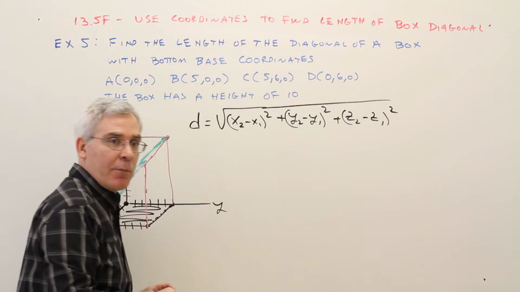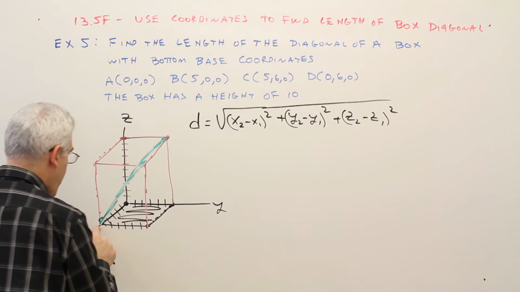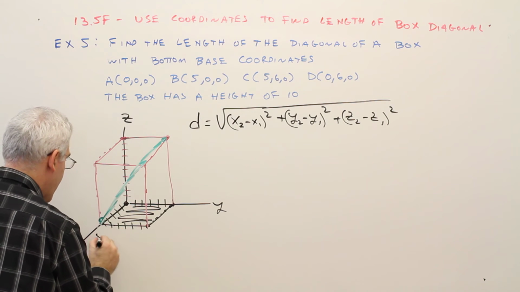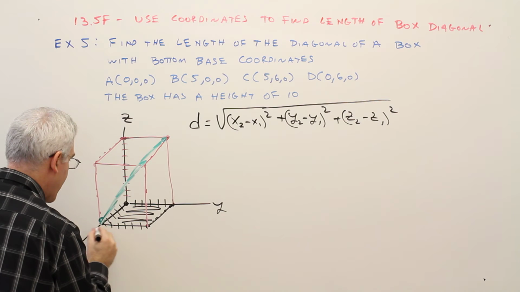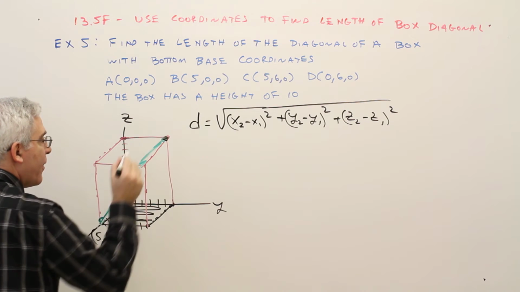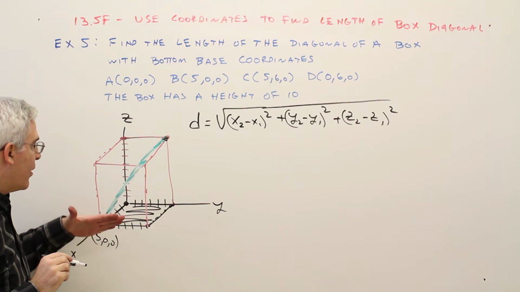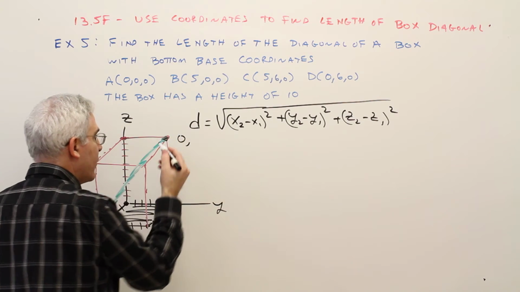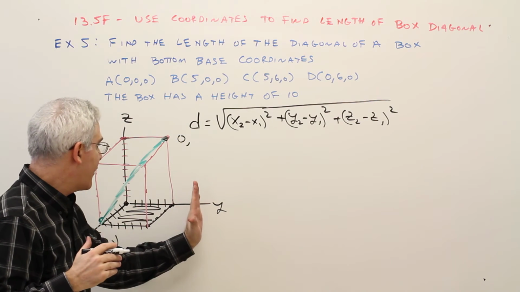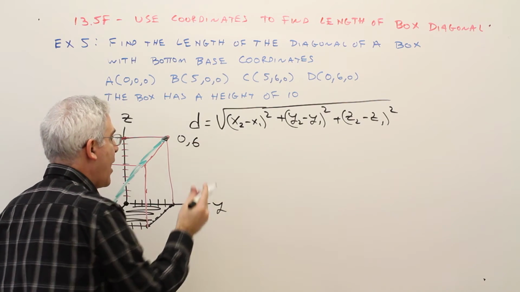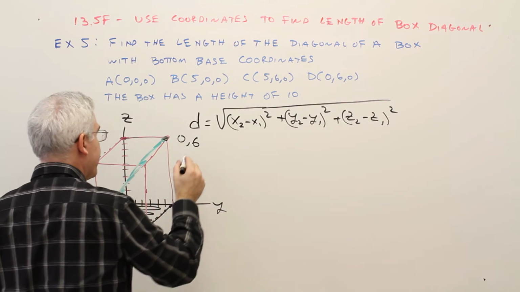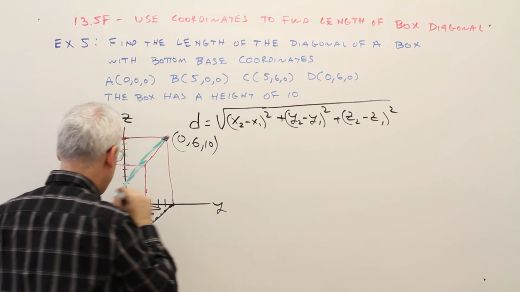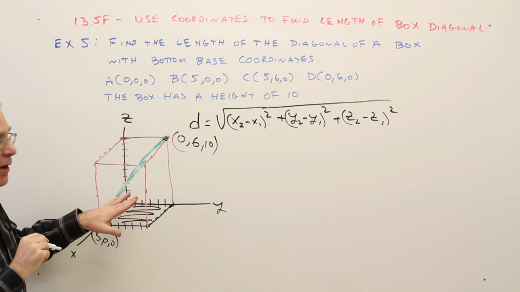So what I need are some coordinates. This coordinate over here was 5 by 0 by 0. This coordinate over here, it's not coming out, so it's 0 out. It's going 6 to the right, and it's going 10 up. So these are my 2 coordinates.